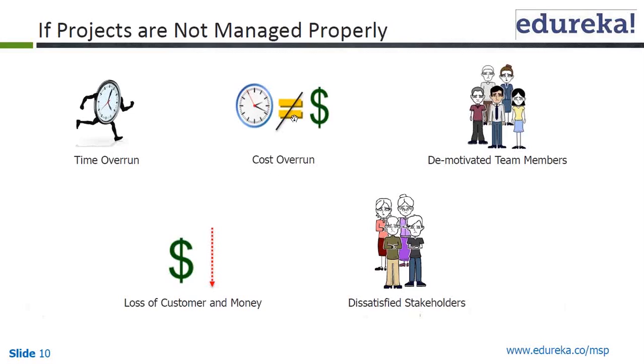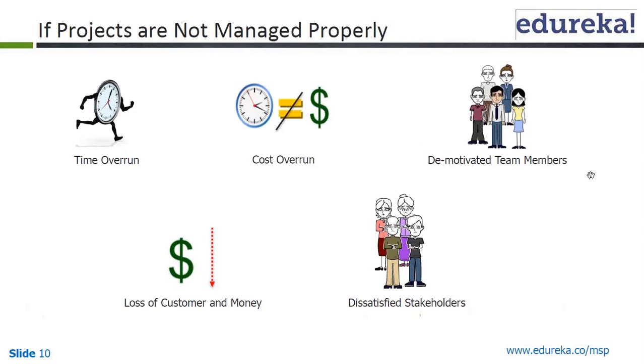So you will spend more money than you are supposed to on the project. As a result, you will get demotivated team members. I have seen this happening from time to time. People feel as if it is their fault, but actually it is at the heart of it.